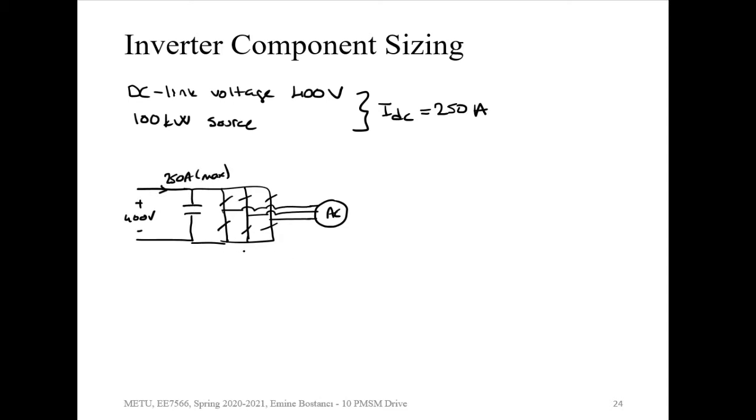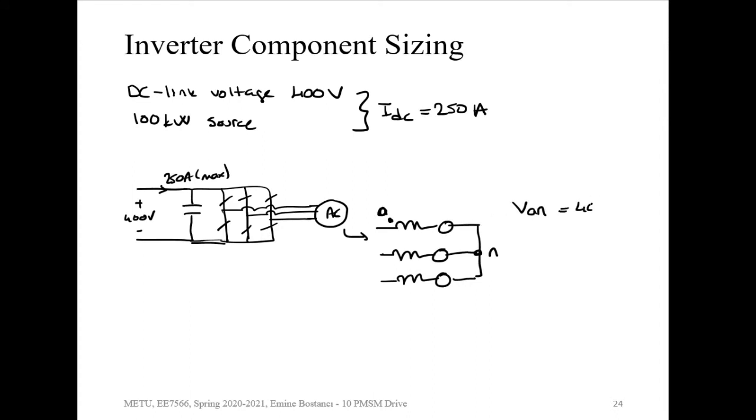As you know, this inverter is going to operate like in buck mode, and in the AC machine we have inductance and induced voltage, with the neutral here. So VAN peak can be set to 400 divided by square root of 3 if we assume a modulation index of 1 with space vector modulation, or 400 divided by 2 with sinusoidal PWM.